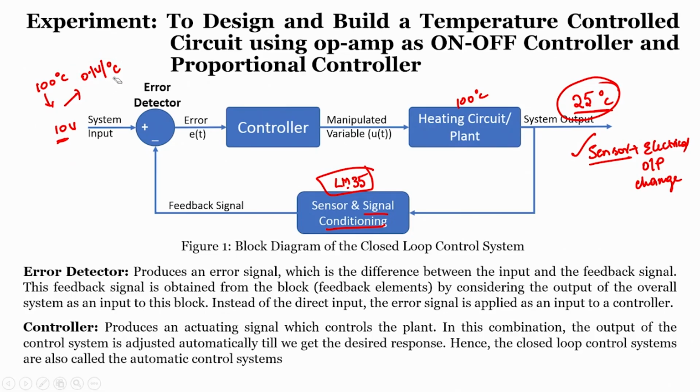In order to understand how exactly this system works, we should look into the data sheet of LM35. One particular factor that we can see is sensitivity. The sensitivity of LM35 is 10 millivolt per degree centigrade, meaning 1 degree gives me 10 millivolt.